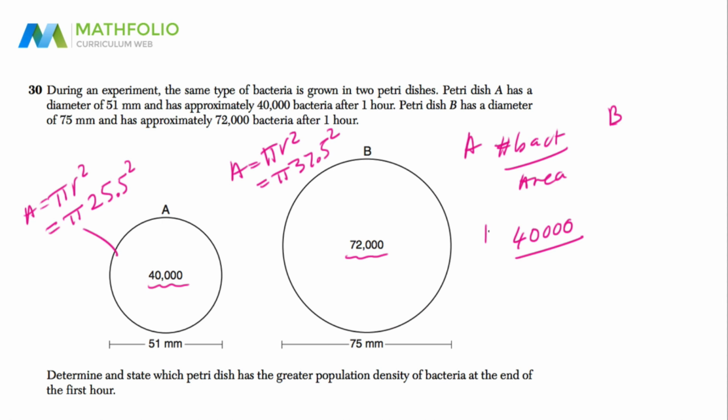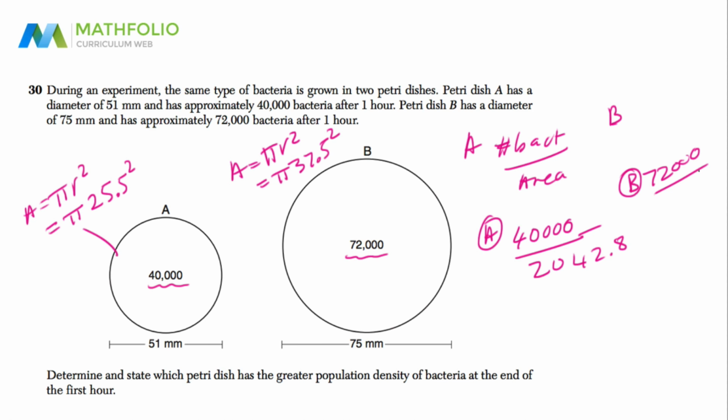For A, I've got a density of 40,000, so I must do this. Pi times 25.5 squared equals 2042.8. So I'm going to take this and divide by 2042.8.